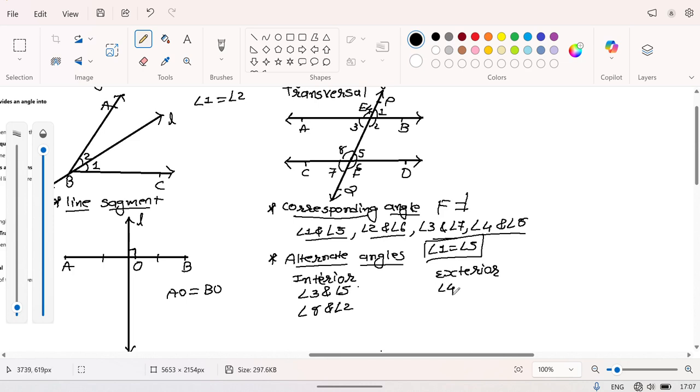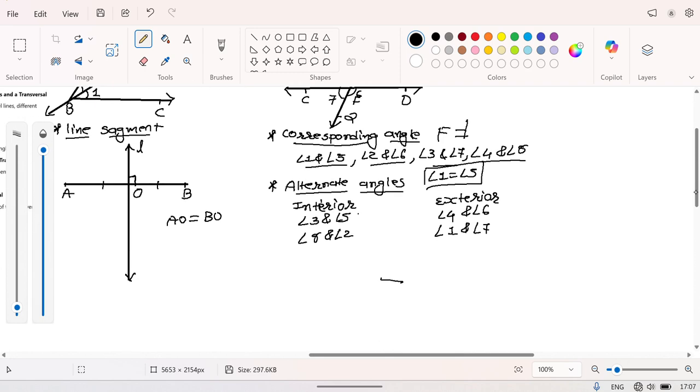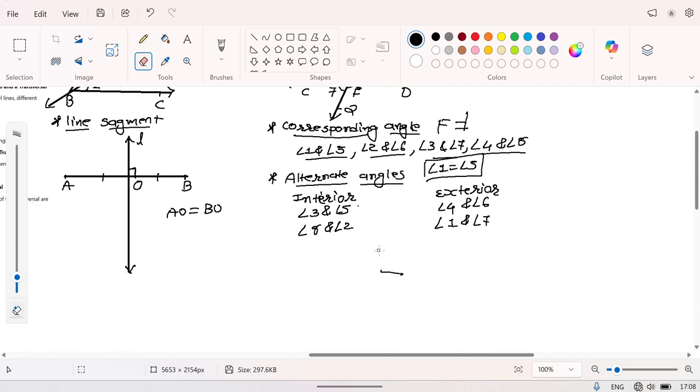And angle 4 and angle 6, and angle 1 and angle 7, these are the pairs of alternate exterior angles. And pairs of alternate angles are always equal.